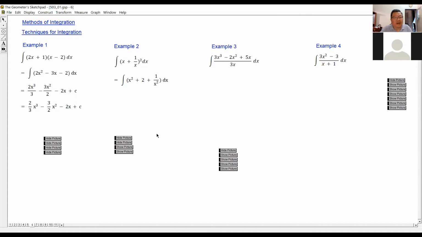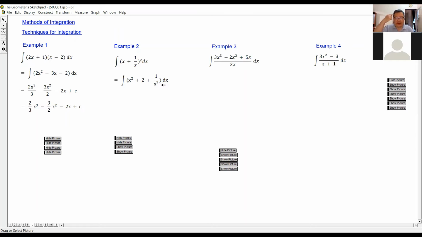Okay, so now you can integrate. Integrate x squared becomes x to the power of 3 divided by 3. Integrate 2 is a number, so it becomes 2x. Now this one is 1 over x squared, which is x to the power of -2.